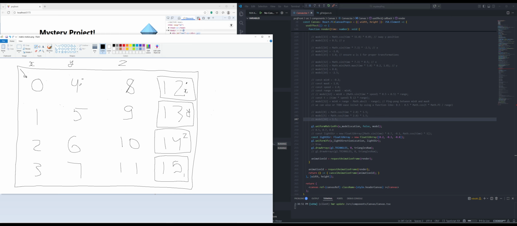So if we want to rotate clockwise, like this way, around this z-axis, we want to put minus on the model 4 and plus, well, it will be plus by default, on the model 1.